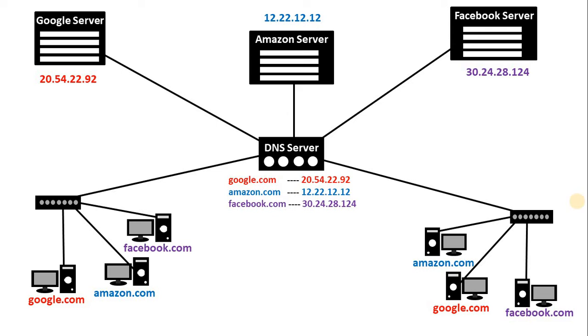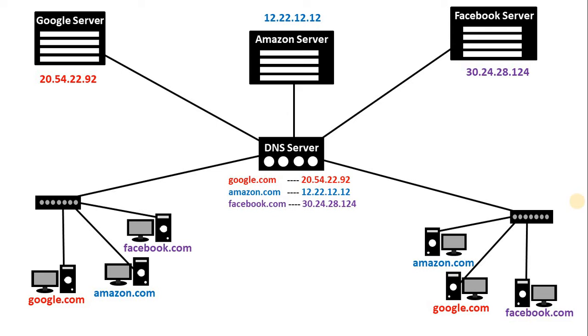When one system is trying to communicate with another system, that is only possible through the unique 32-bit IP address, but it is quite impossible for a human being to remember those IP addresses. It is easy to remember google.com, amazon.com or facebook.com, but it would be quite difficult for a human being to remember 20.54.22.92, or you may say 12.22.12.12, or for Facebook 30.24.28.134.